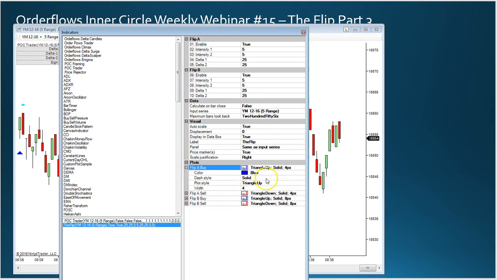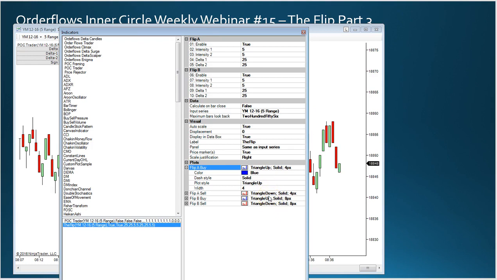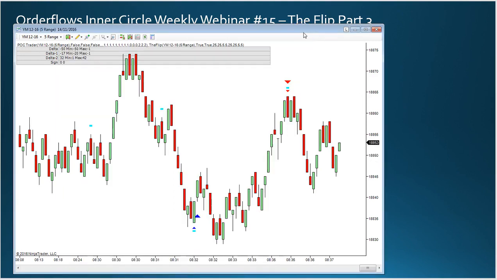If you're using other indicators that use a triangle up and a triangle down, especially a red triangle down, you might want to consider changing it. For example, the divergence signal is a red triangle down at a high of the day.